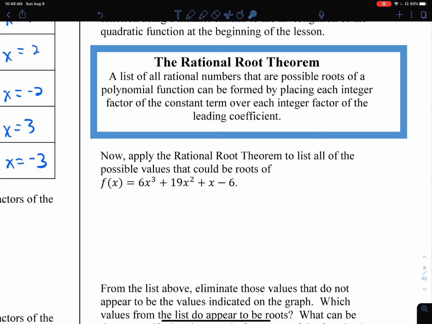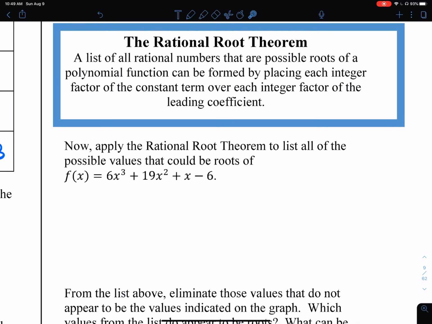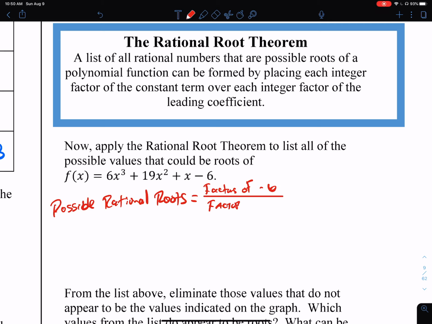So here's how we're going to do this work. Apply the rational root theorem to list all the possible values that could be for this function. So we're going to say the possible rational roots. We're going to take factors of the constant and divide it by factors of the leading coefficient.